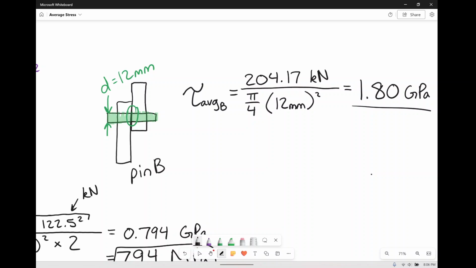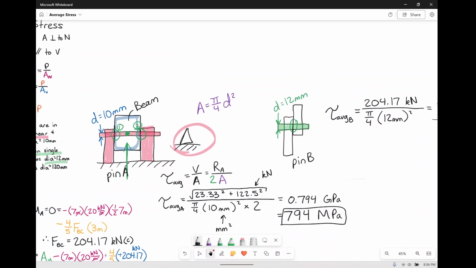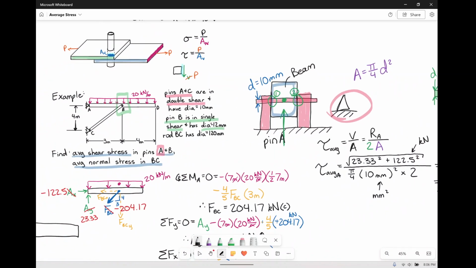Now we want to find the average normal stress in BC. And finally, that's where we're going to utilize the diameter for BC. Up until this point, we've been talking about the pins. We're talking about the shear stress that is in the pins. And again, remember that the thing that was in actual shear stress at the very beginning of this video was not the plates.